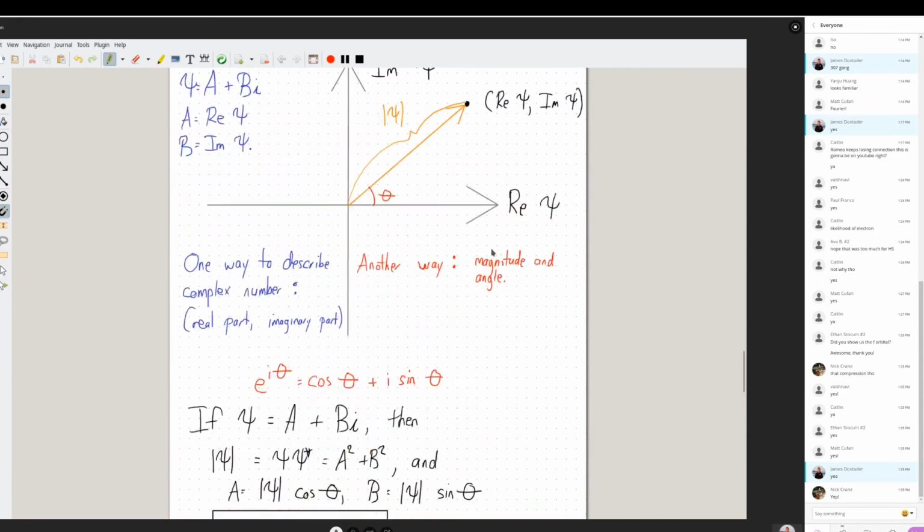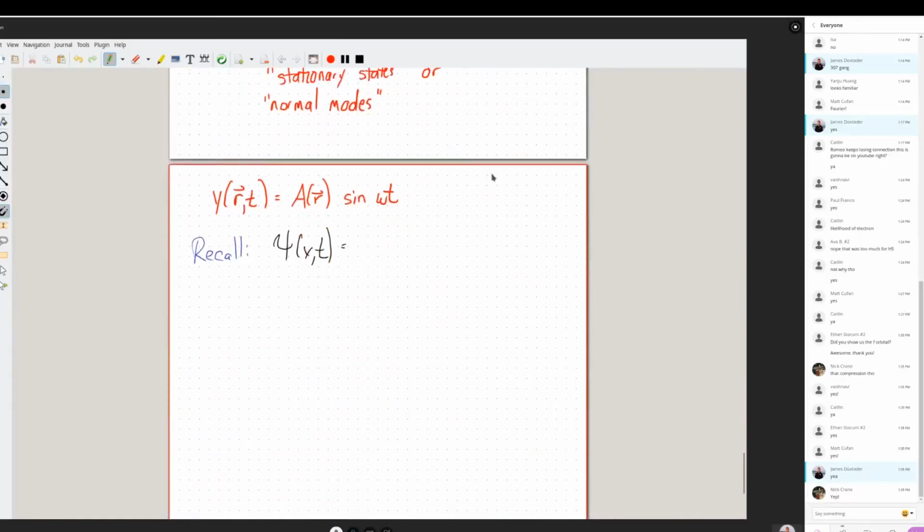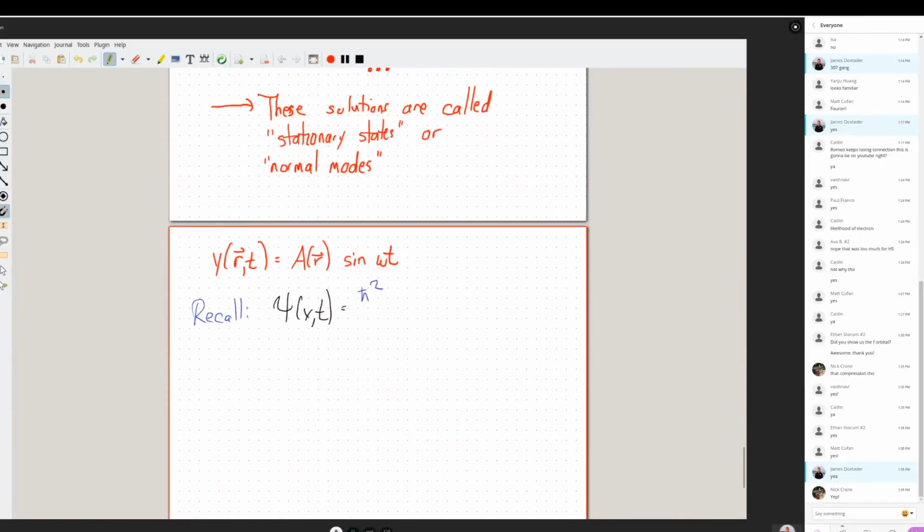Make sure I have the form right. Yes. It was h bar squared over 2m times the second derivative of the spatial part plus this potential piece, and that was equal to a constant.